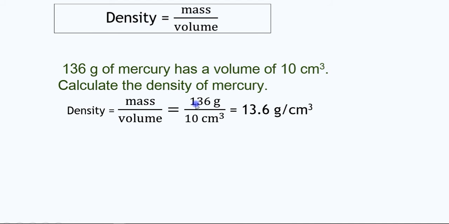We have the density of mercury is equal to 136 grams divided by 10 centimeter cube, which is equal to 13.6 grams per centimeter cube. So when the mass is in grams and volume is in centimeter cube, the unit for density is grams per centimeter cube. If mass is in kilograms, volume will be in meter cube, and the density will have unit kilograms per meter cube.